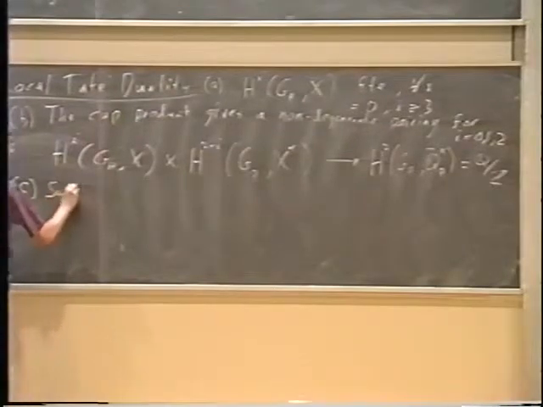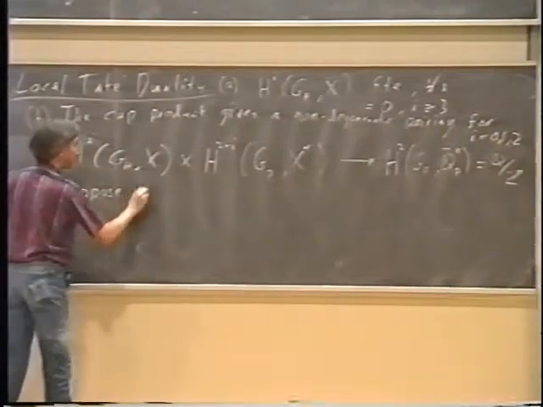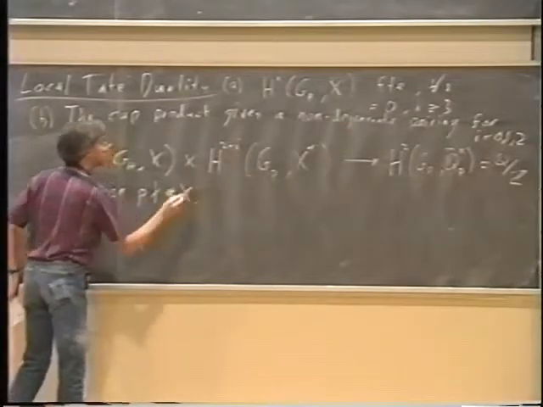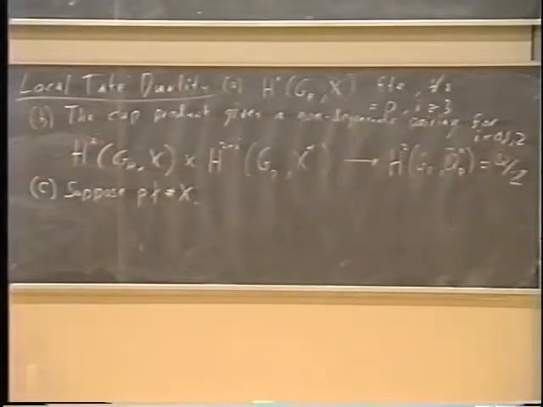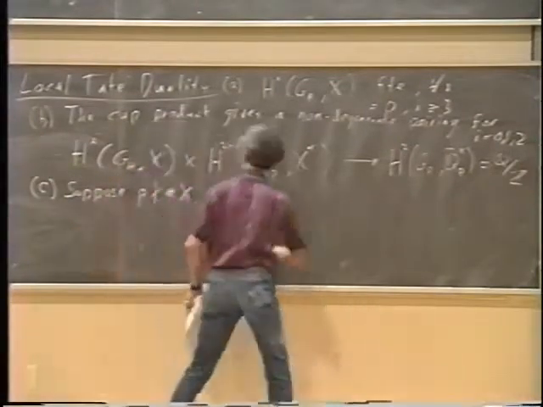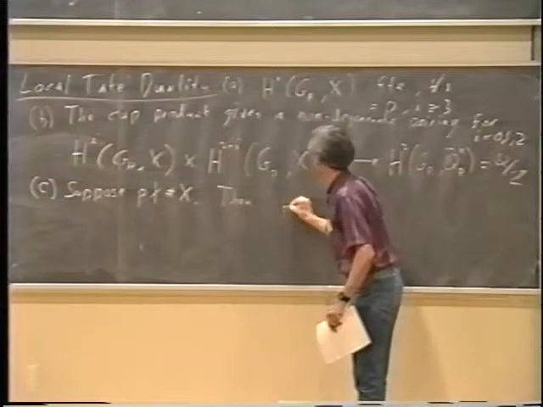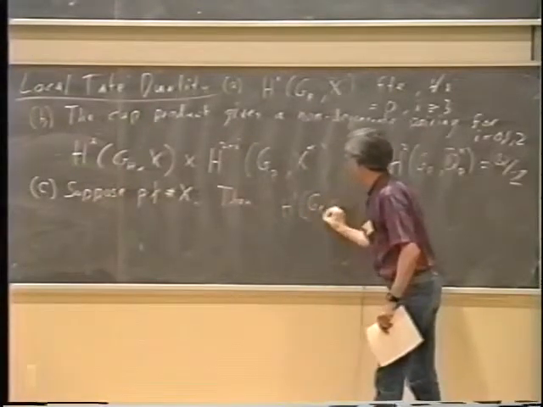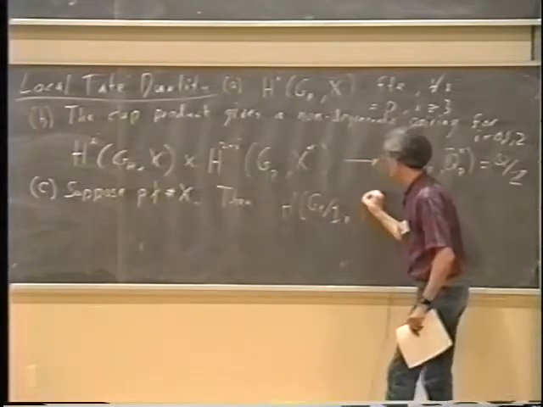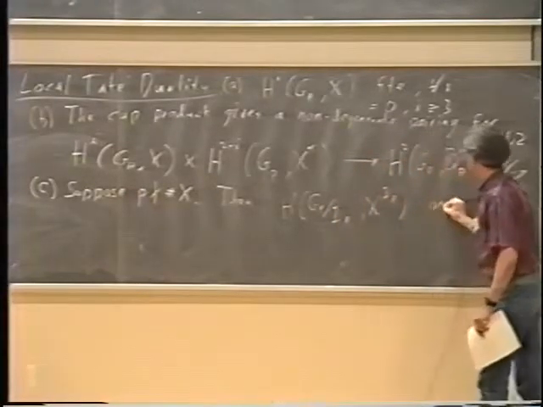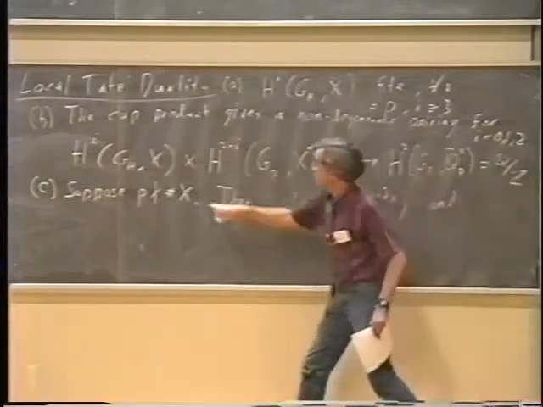So let's suppose P does not divide the order of X. Then we can look at the unramified classes, H1 of GP mod IP. So these are the unramified classes here.